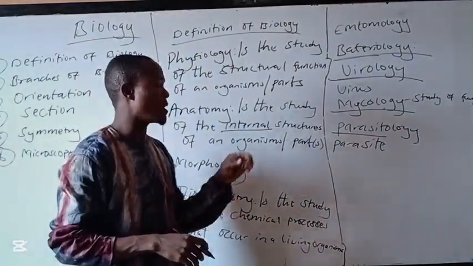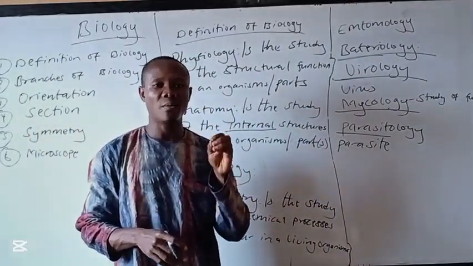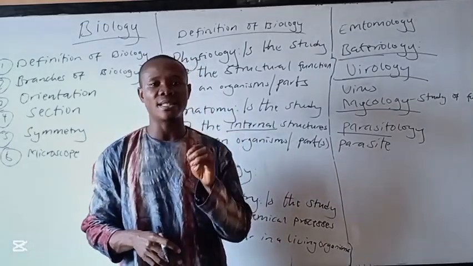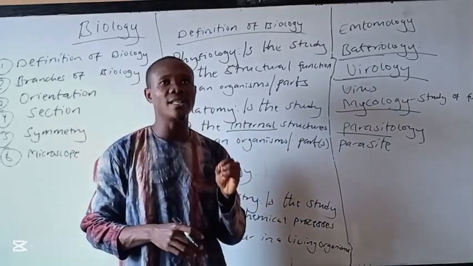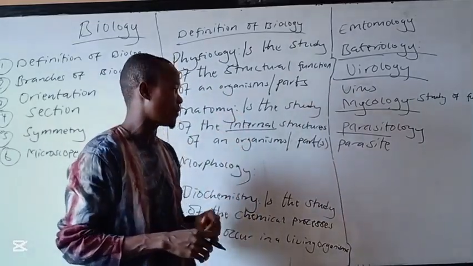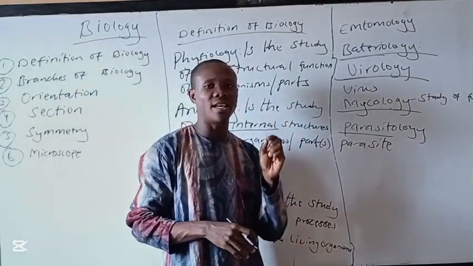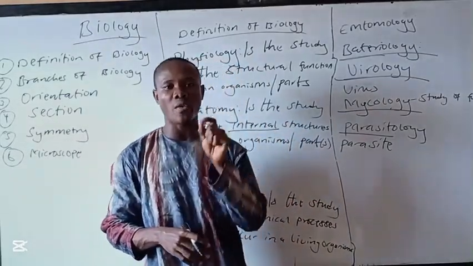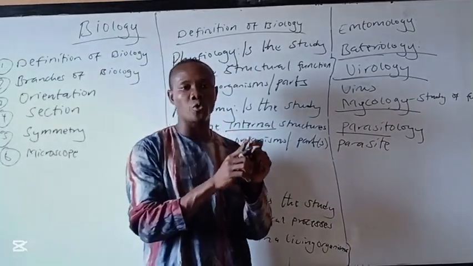So what is a parasite? Parasites are disease-causing organisms, and the host is the living organism in which they live in or on. So a parasite, let me repeat it again, is a disease-causing organism. For example, we have Plasmodium.